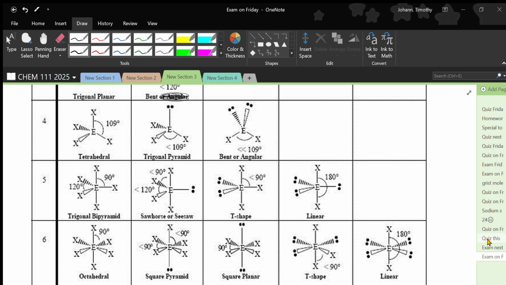Okay. If we take one of those away and replace it with a lone pair, and our example was ammonia for this, we end up with what's called a trigonal pyramid, which is a little bit harder to see right here. They maybe should have had that down a little bit, but that's a trigonal pyramid. All right.